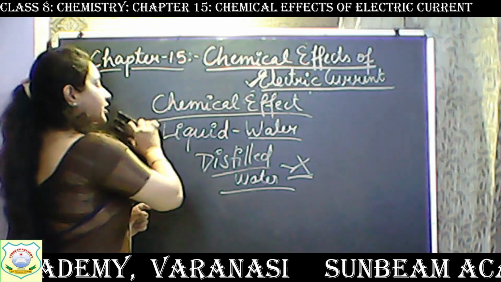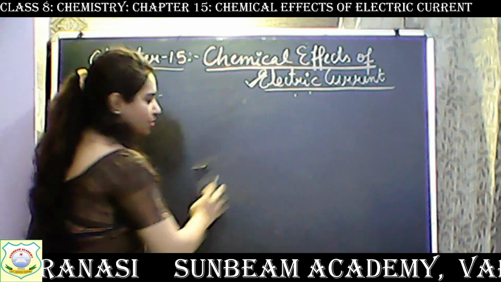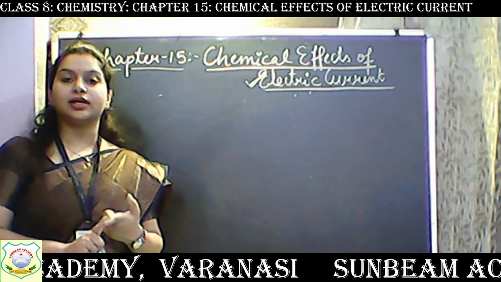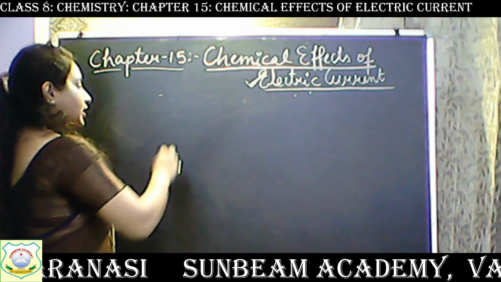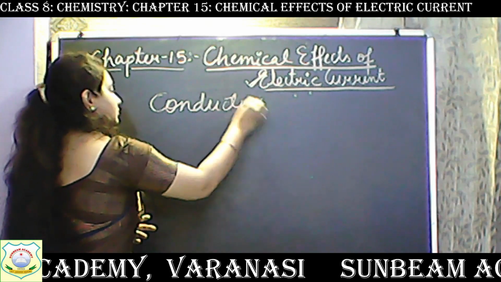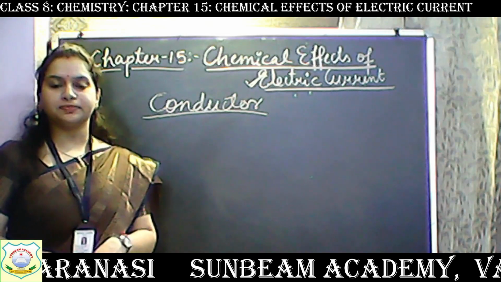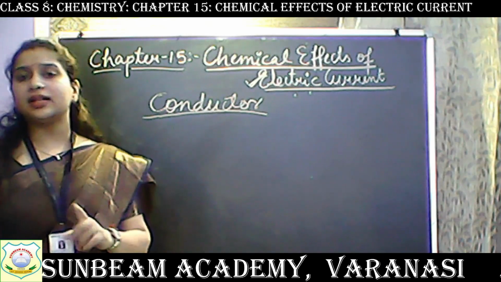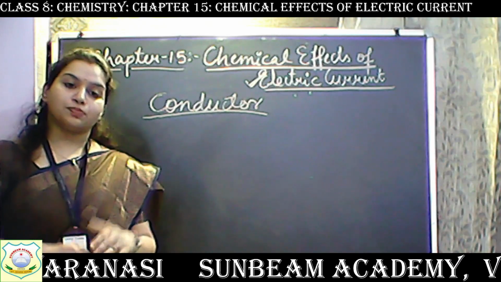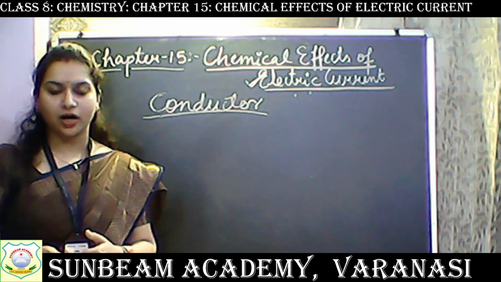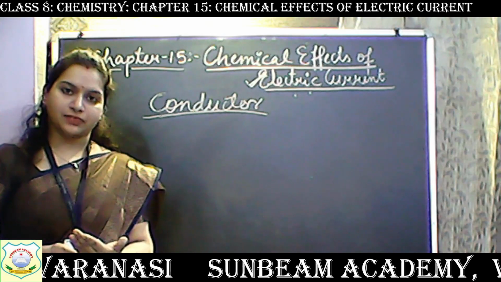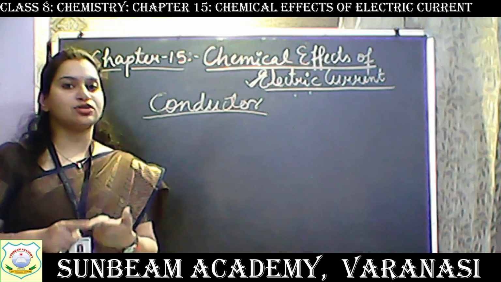When we go into much detail of this chapter, you will understand each and everything very clearly. Children, apart from this, we have also talked about conductors and insulators, or a good conductor and a bad conductor. So let's talk about that first. What is a conductor? All the materials that we see around us do not pass electric current. Plastic board does not conduct electricity.